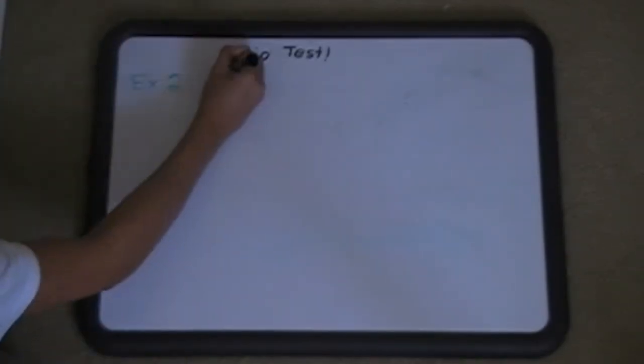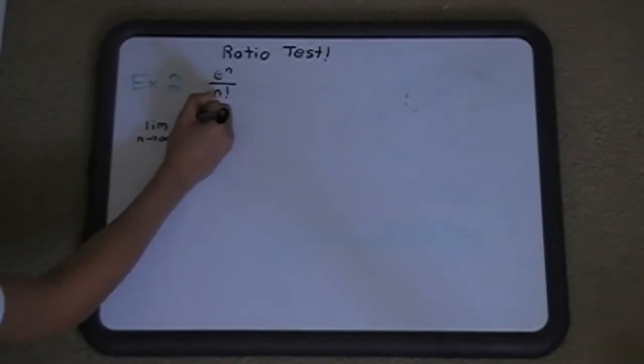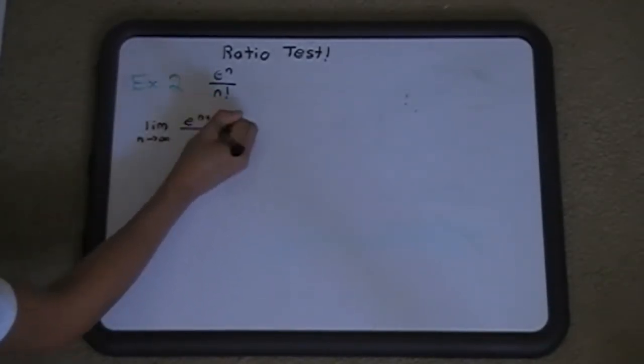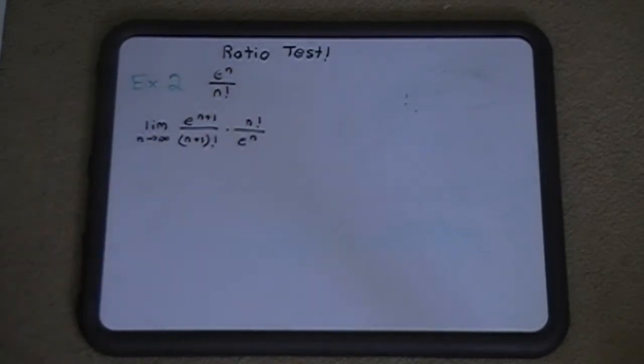Now for example 2. We have e to the n over n factorial, which again is your a sub n. Take the limit of a sub n plus 1 over a sub n, but we're multiplying by the reciprocal.